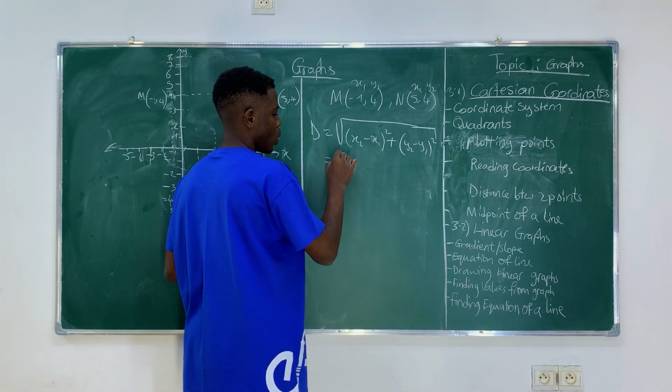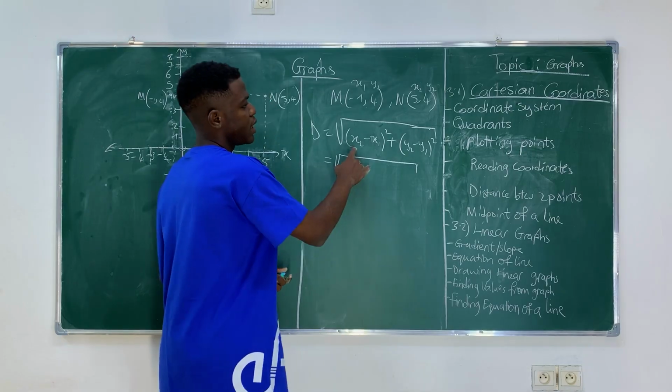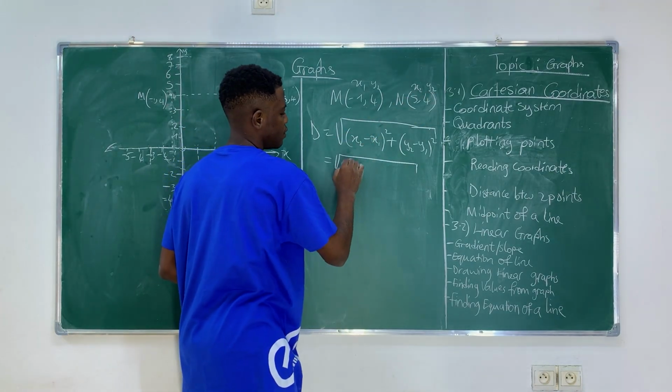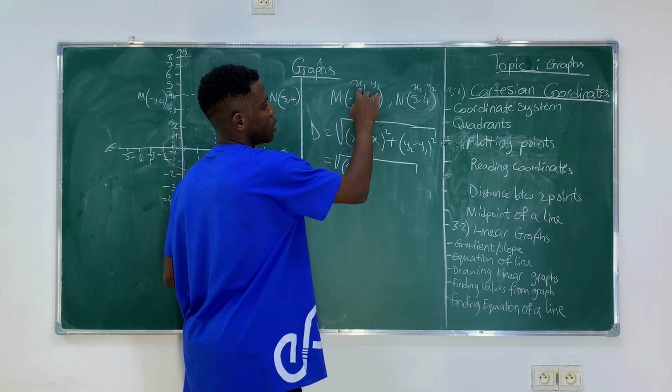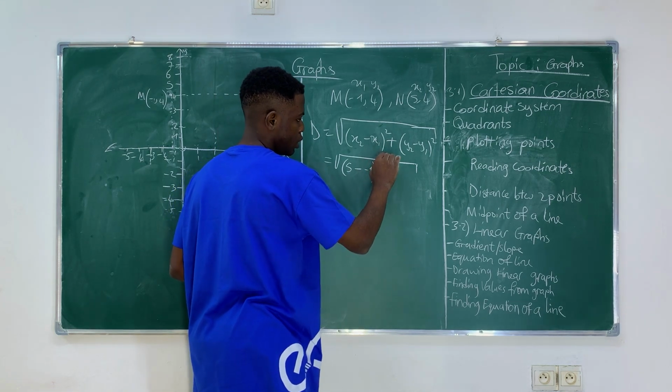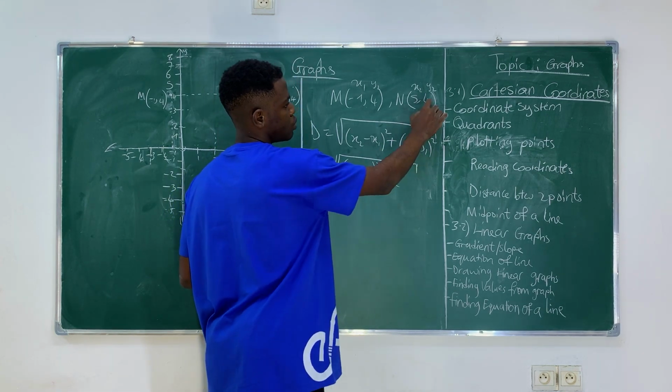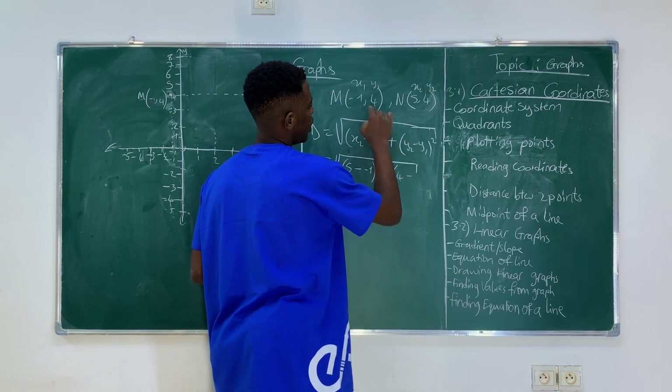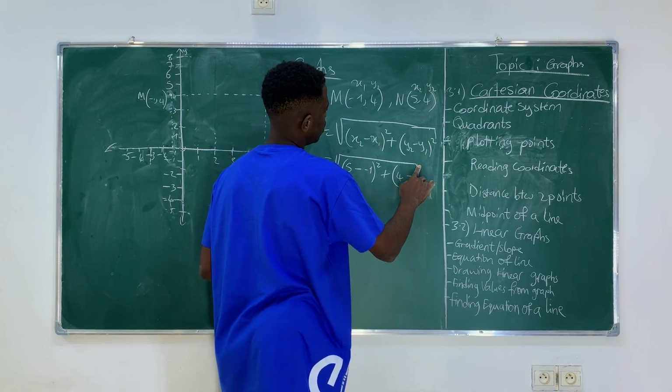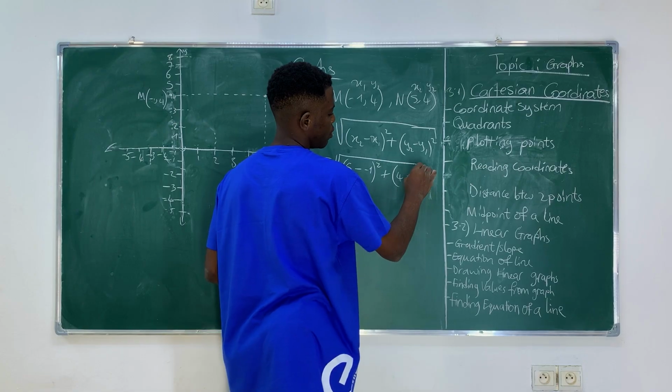Okay. So we have the square root of: what is x2? Our x2 is 5. We put a bracket with 5 minus what is x1? Minus -1. We put our square, plus what is y2? 4, minus what is y1? 4.